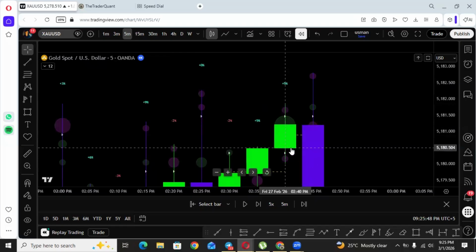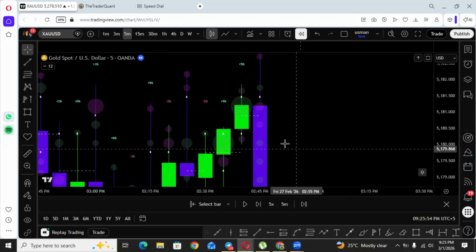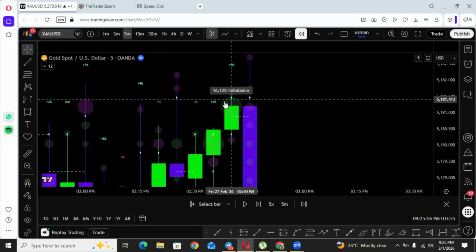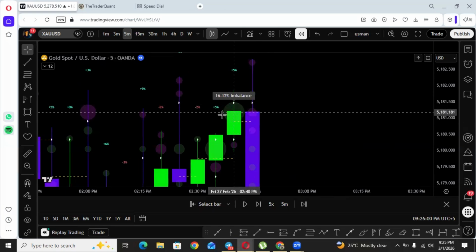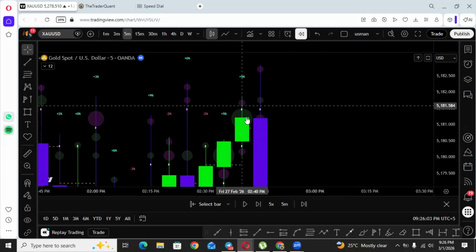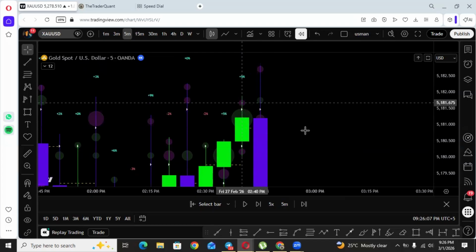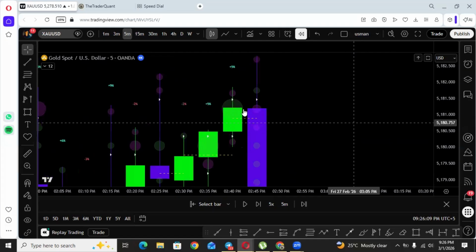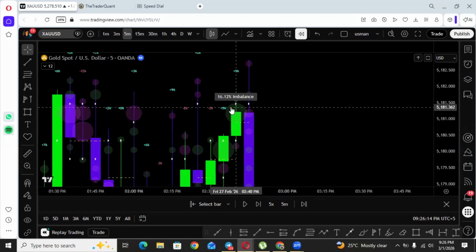What happened at this area? The candle opened here. When the candle went here, you can see a strong imbalance, a big bubble. Can you see this bubble? A big bubble at this point, a strong imbalance. But when the final close of the candle happened, buyers failed to close above this imbalance area where they put in a lot of effort. You can see this imbalance as the effort of the buyers.